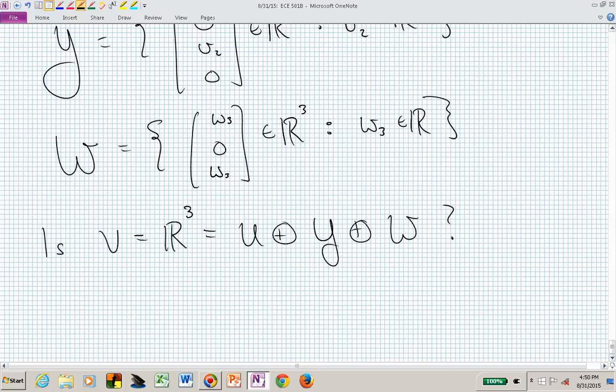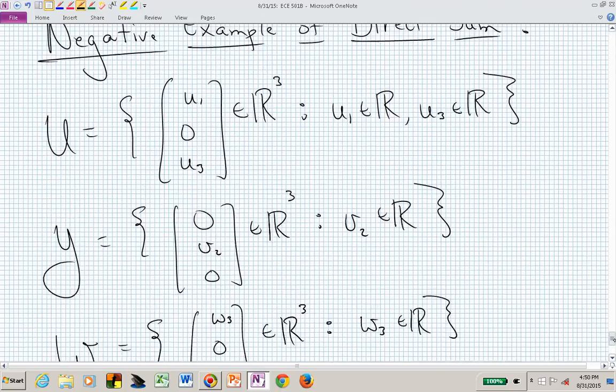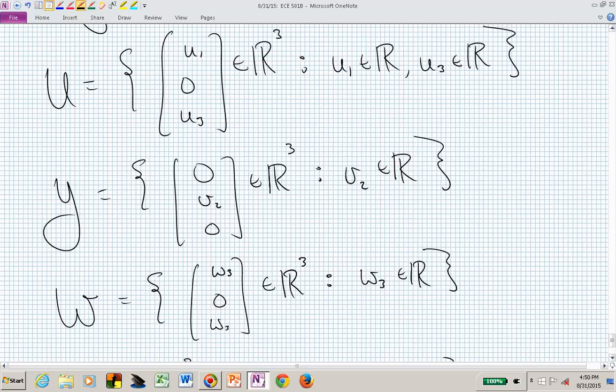Subspace U is the XZ plane, subspace Y is the y-axis, and subspace W is this line going through the origin at a 45-degree angle in the XZ plane.